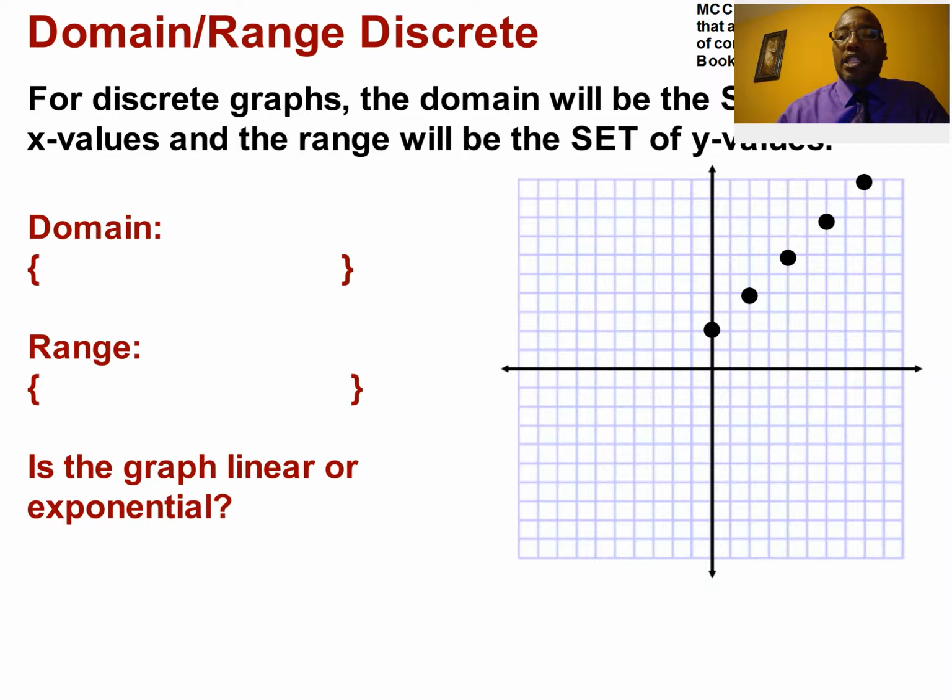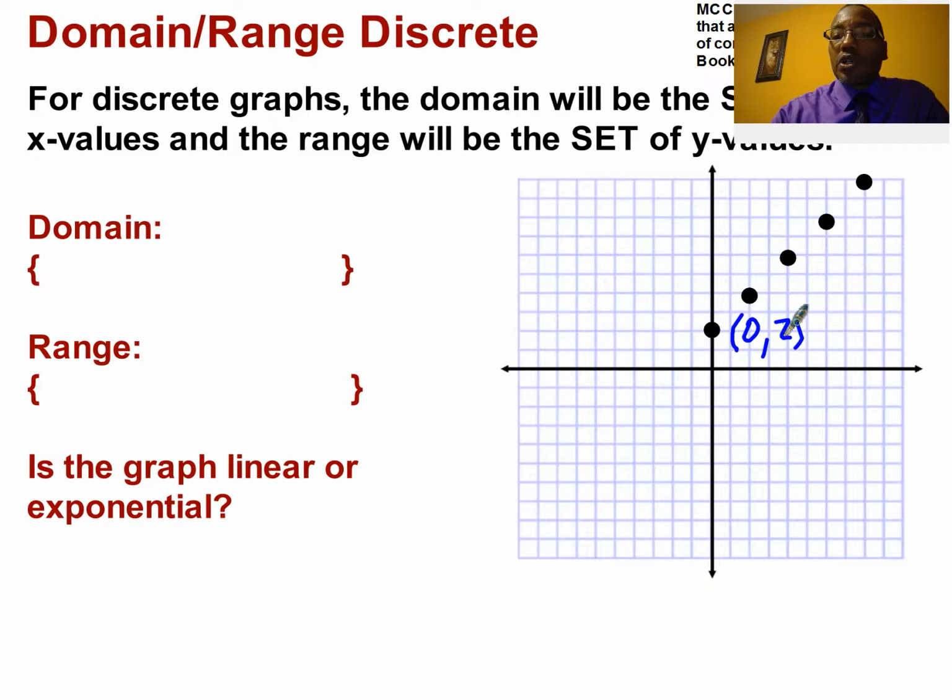Taking a look at this discrete function, which is already graphed for you, I want to know what the domain is. As a reminder, the domain are the x values. So one method would be to write down all of the coordinates for these dots.